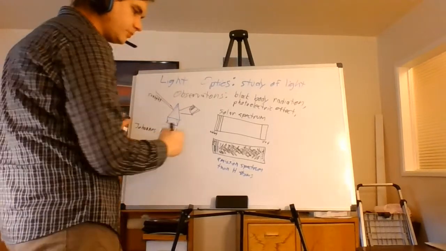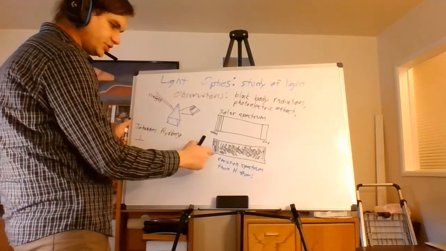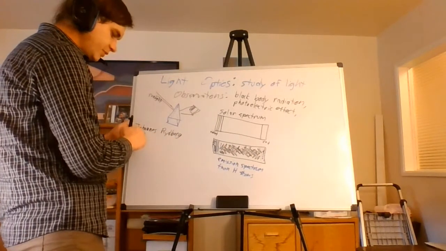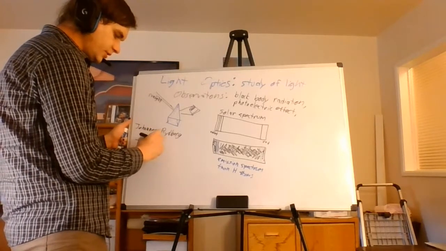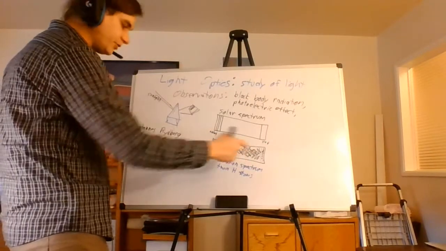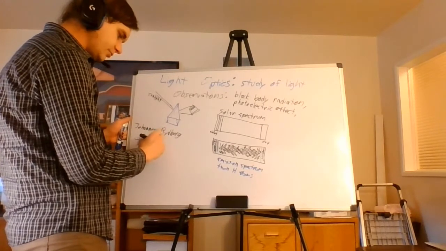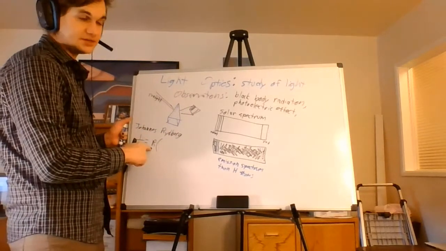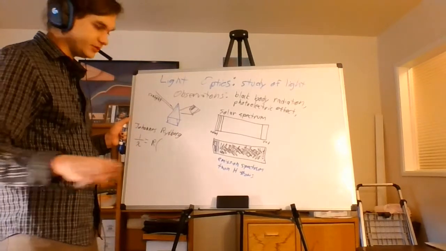What he figured out was that there's a relationship between the wavelengths of these lines, where if you have 1 divided by the wavelength, then you can relate the lines to each other by a constant that he named after himself, because of course he did, the Rydberg constant. And yes, this is another R. Yes, there is an R that is a gas constant. No, they don't have anything to do with each other.